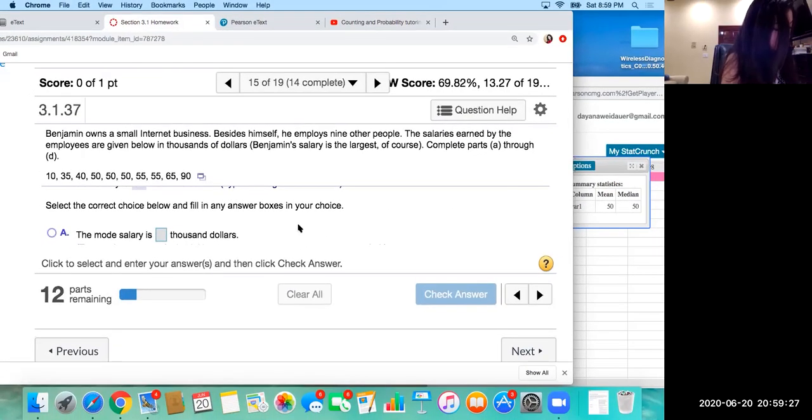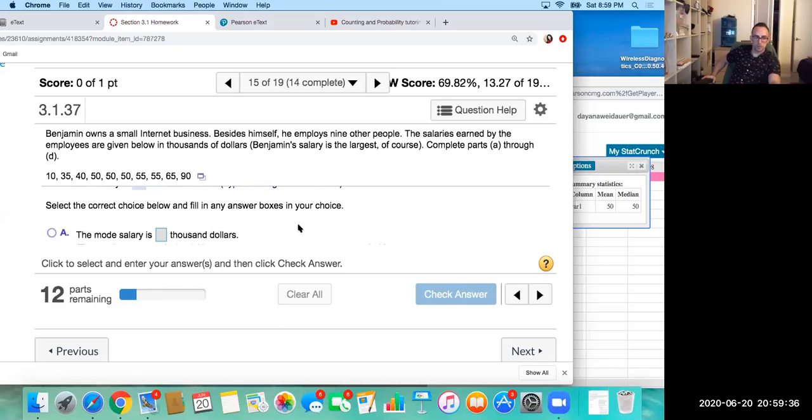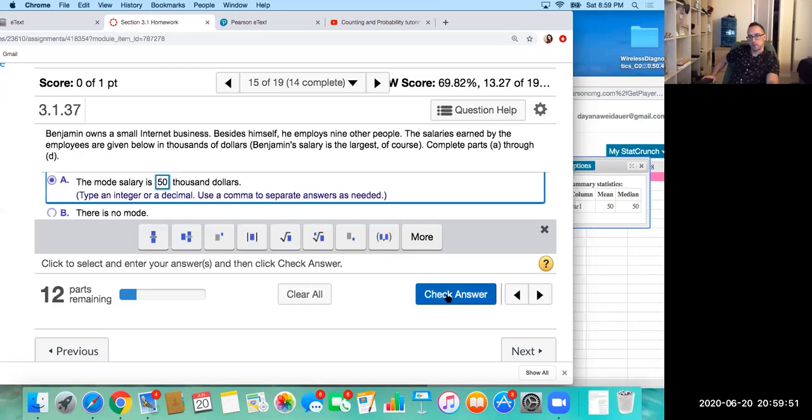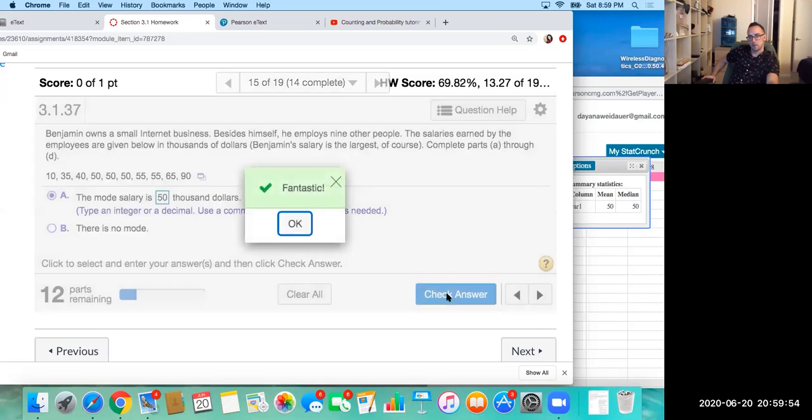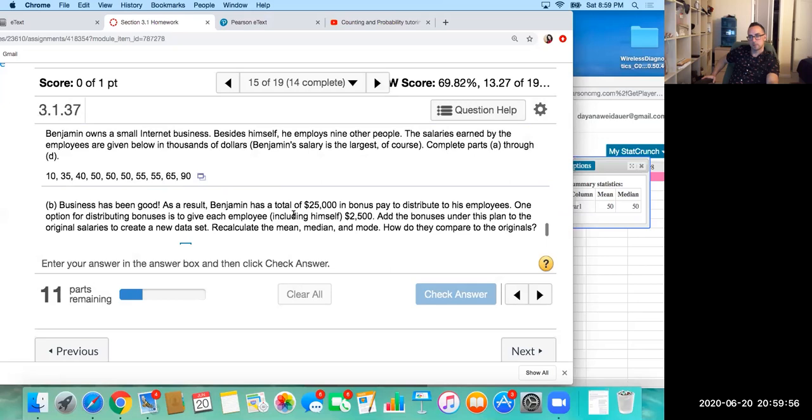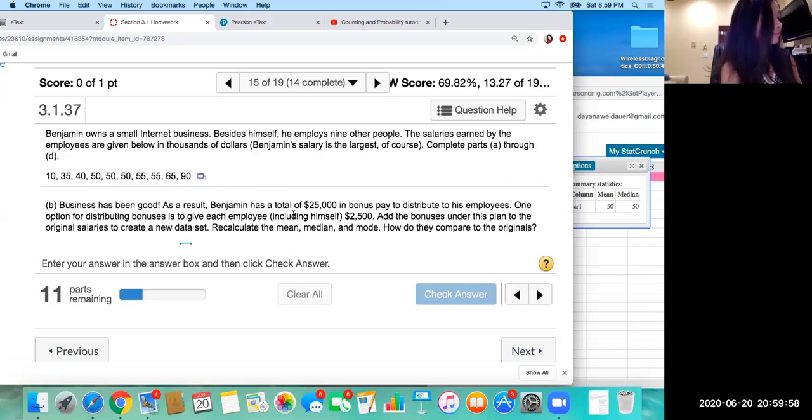I don't think I have that in my notes yet. The mode is the value that occurs the most. Hold on, let me write that down because I'll forget.